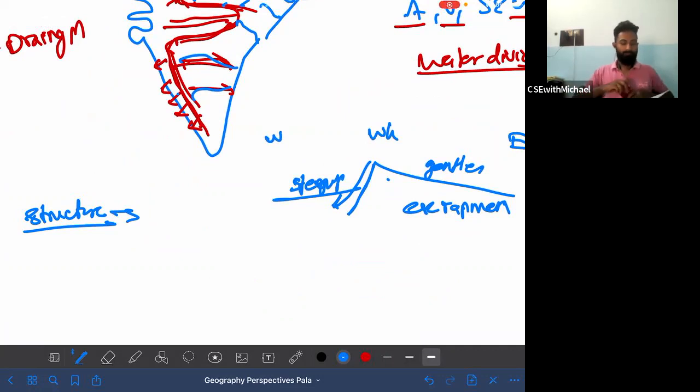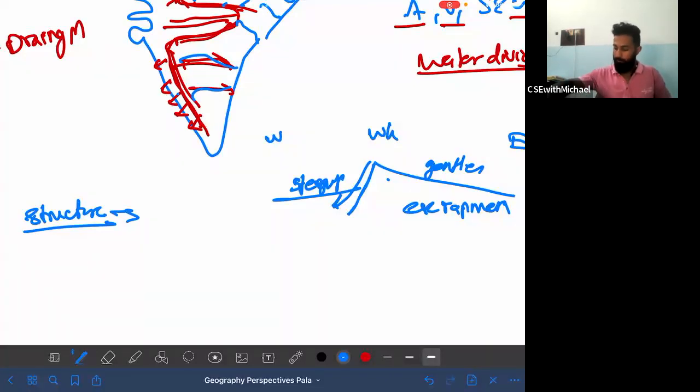The rocks are here. And the type of lithology, how will it be?